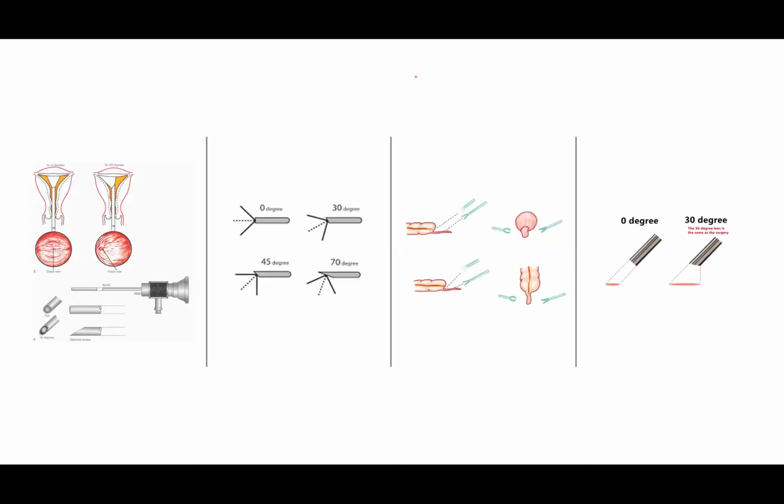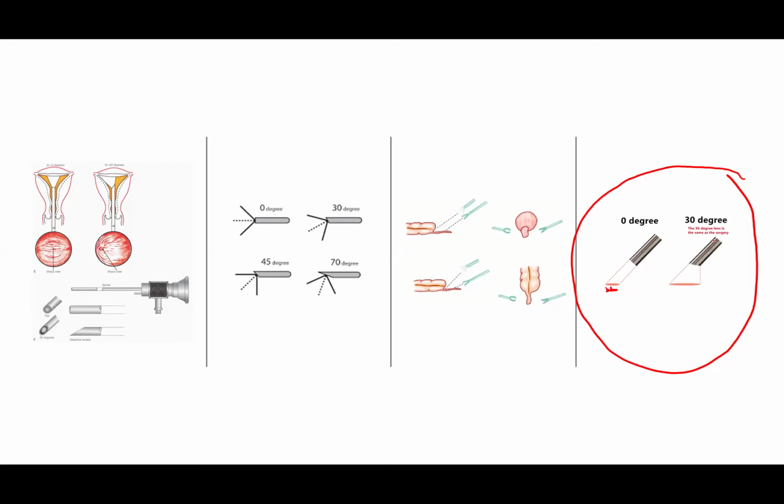Now, this slide just shows a diagram on how the view will appear on a 30-degree and a 0-degree telescope. If you look at this image here, the 0-degree is showing a target here, okay, that is within the view of 0-degree.